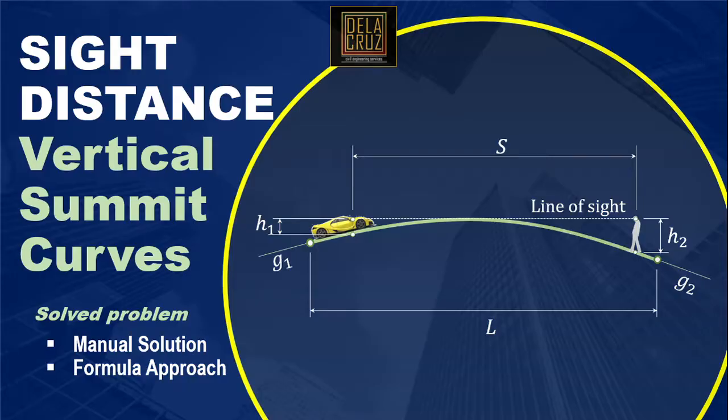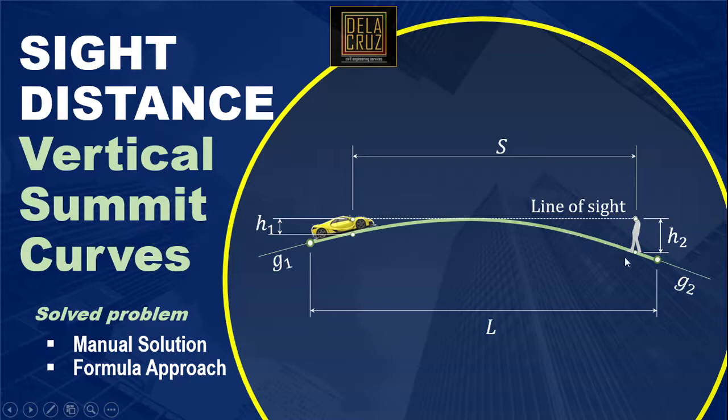A sight distance is the length of the roadway ahead visible to the driver. For purposes of design and operation, it is termed the stopping sight distance or the passing sight distance. As you can see in this figure, we have an approaching car, and on the other side of the road we have an object.